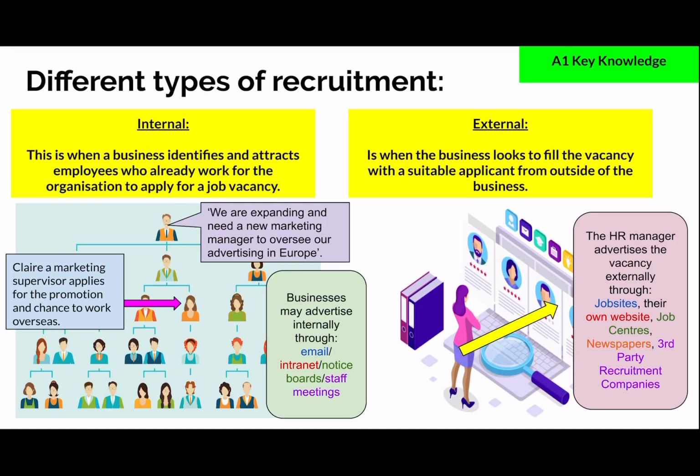It could be that they post them on their own website, on a job site. It might be that they add the details and send them to a job centre. They might put an advertisement in a newspaper, or they might use a third-party recruitment company.